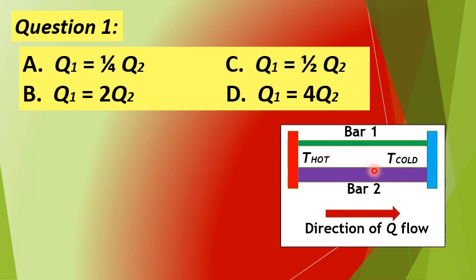It's only the cross-sectional area and the thermal conductivity value of the two bars that differ.